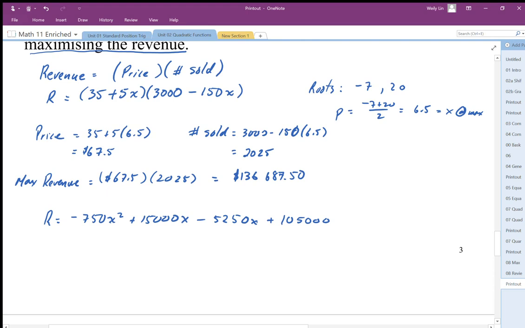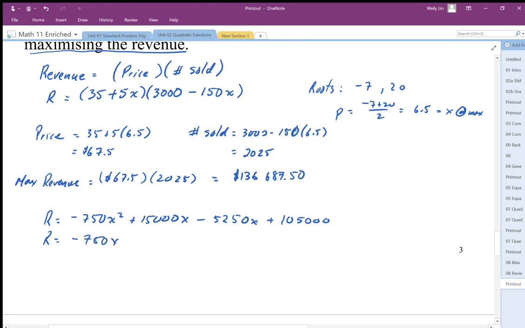Now, if I want to complete the square to find the vertex, I factor out the negative 750. 15,000 divided by 750 is going to give me 20. Oops, I think I have to combine those like terms first.